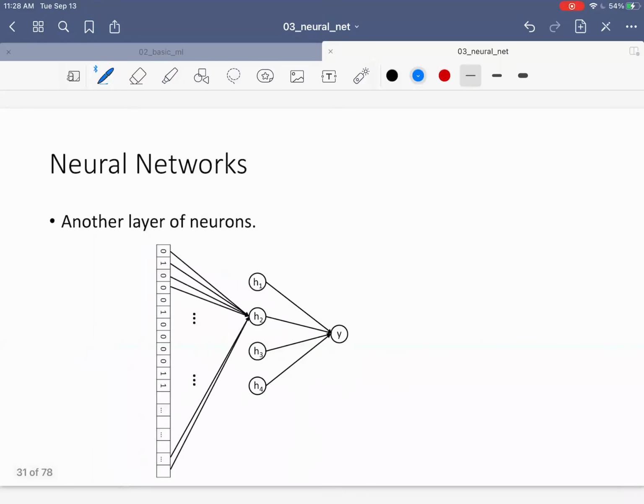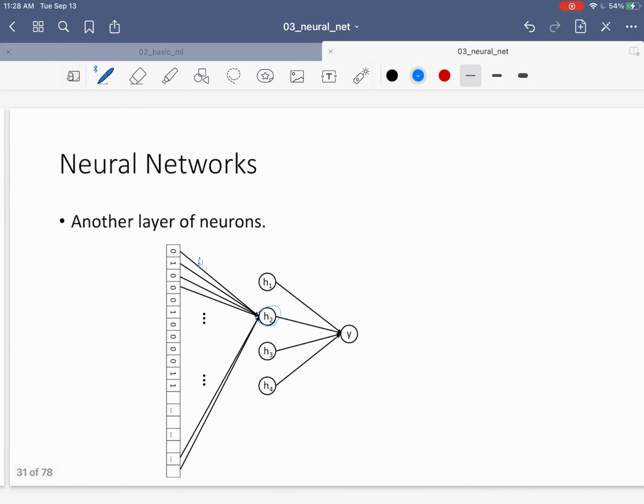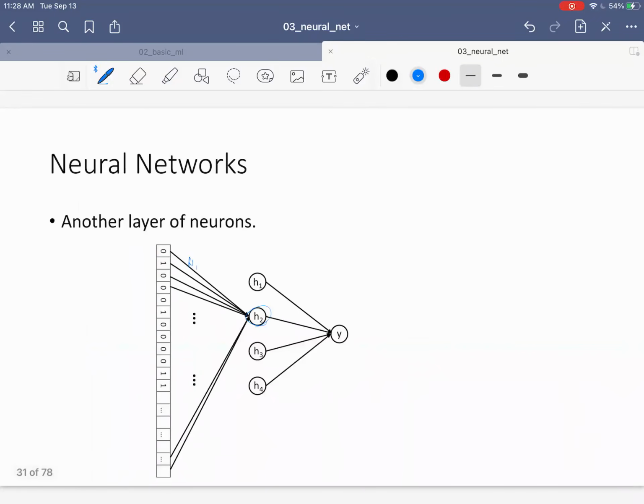Same for the second neuron. The second neuron will have a different set of weights; its W1 is different from this W1. It'll have its own W1, W2, W3, all the way to W16K, and then you calculate the input signals and sum them up inside this hidden neuron. It's the same all the way.